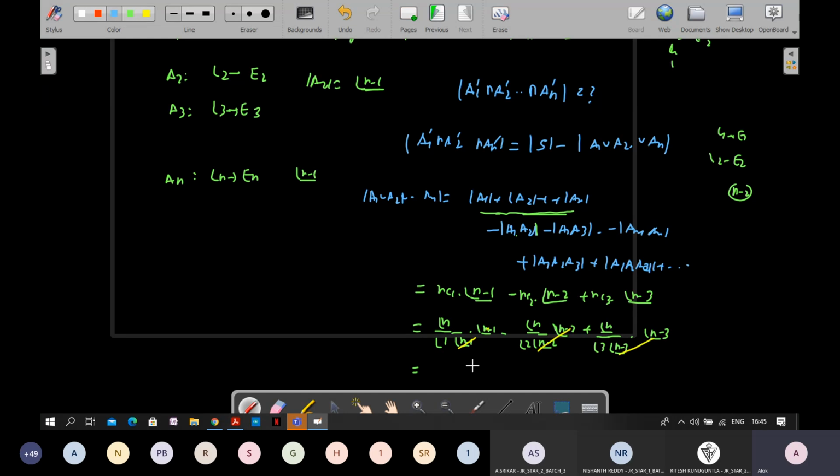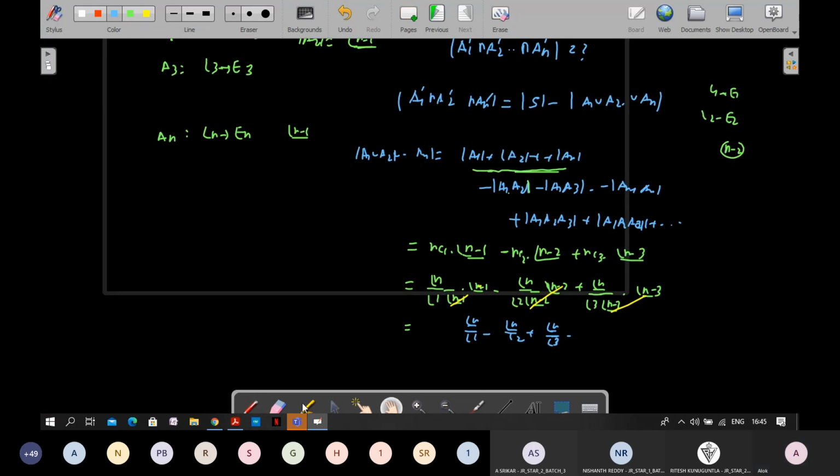So we are getting n factorial upon 1 factorial minus n factorial upon 2 factorial plus n factorial upon 3 factorial, and so on and so forth. And what I want now is A1' ∩ A2' ∩ ... ∩ An'.